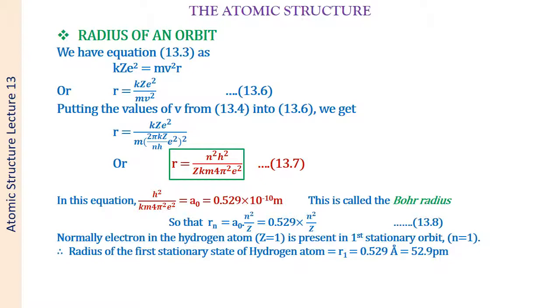Also from this slide, you can understand one more thing: the radius is directly proportional to n² and inversely proportional to Z. So this is also very important.